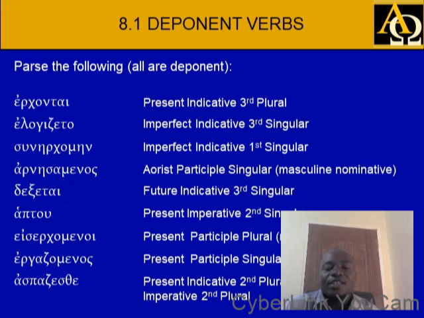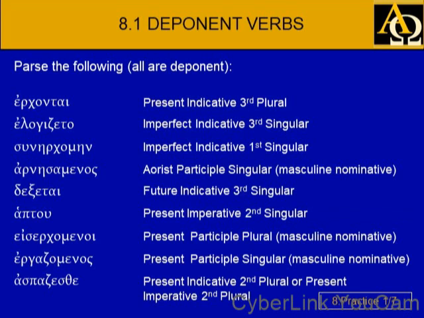Desketai, future indicative third singular. Up to, present imperative second singular. Eizerkomenoi, present participle plural masculine nominative. Ergazemenos, present participle singular masculine nominative. Aspazeste, present indicative second plural, or present imperative second plural. So you get how these come about.